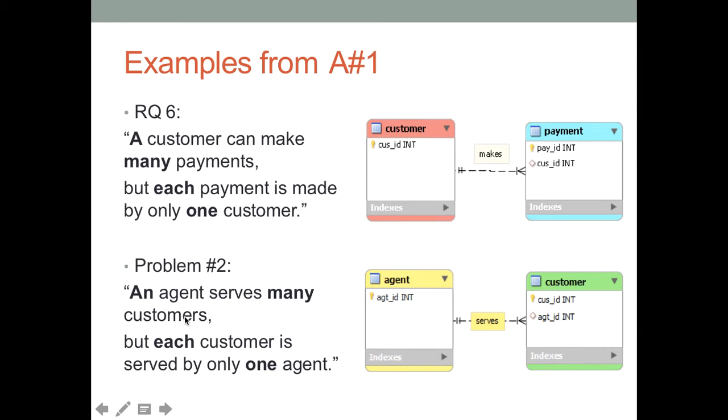And the next one: an agent serves many customers, and each customer is served by only one agent. This is similarly also a one-to-many relationship. So one agent serves many customers, and one customer is associated with one and only one agent. I will show you how to create the ERD in MySQL Workbench in next Thursday's lab sections.